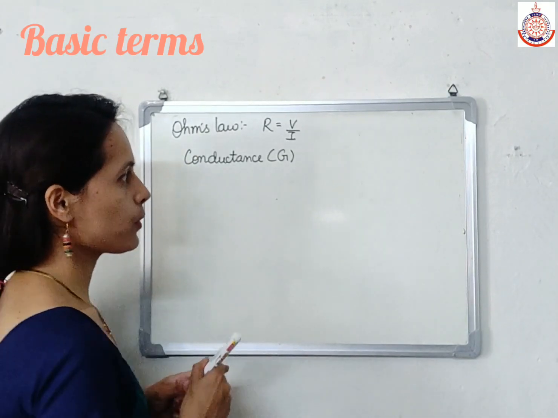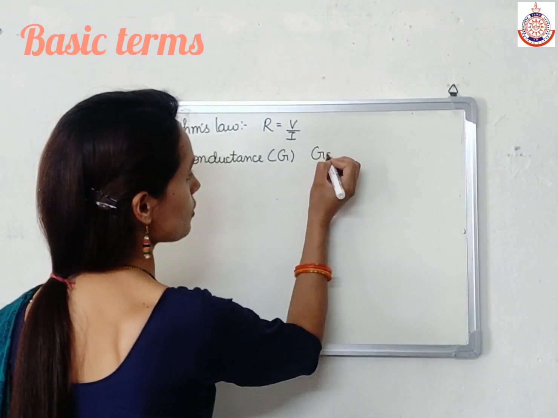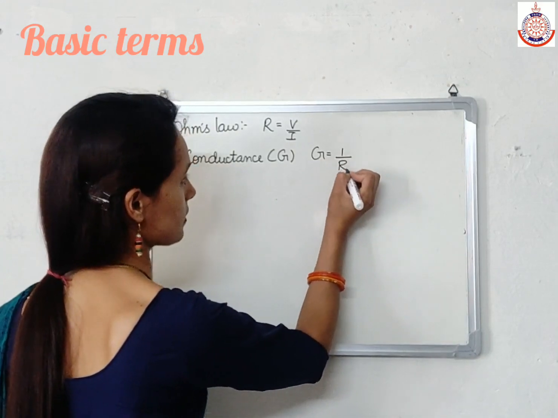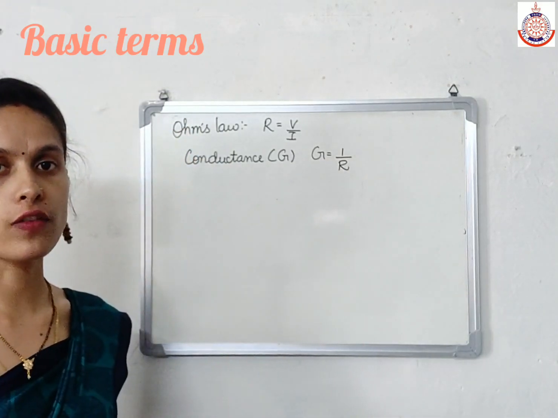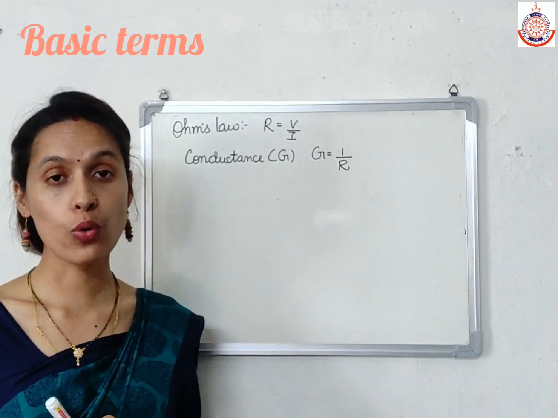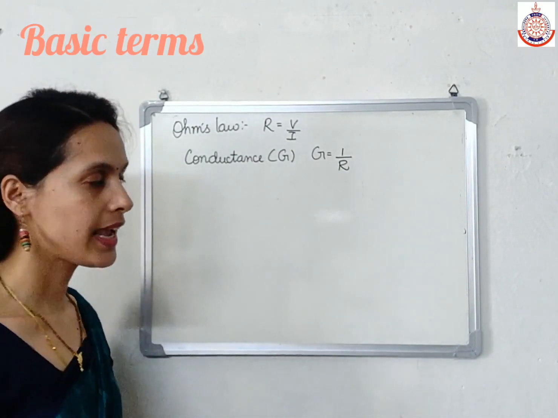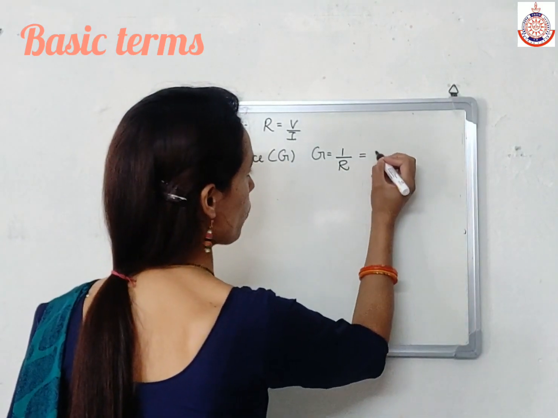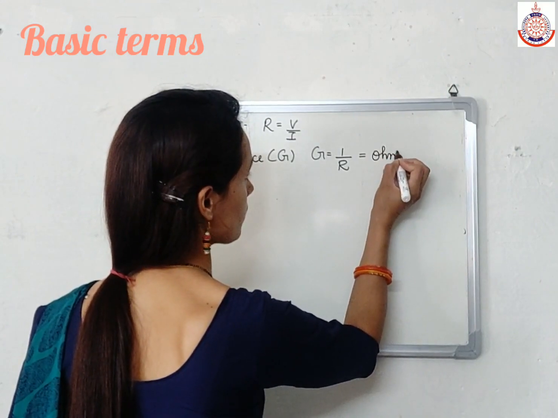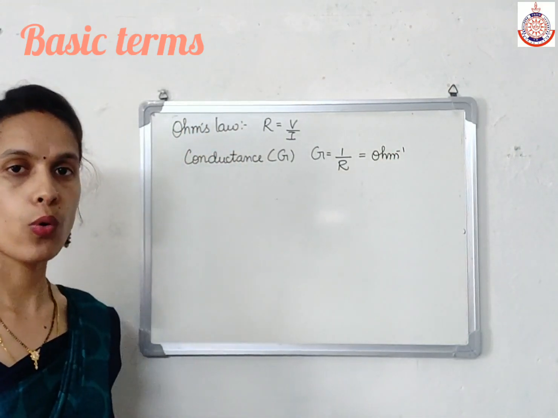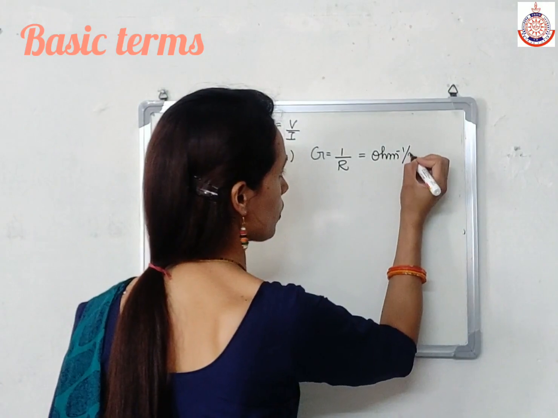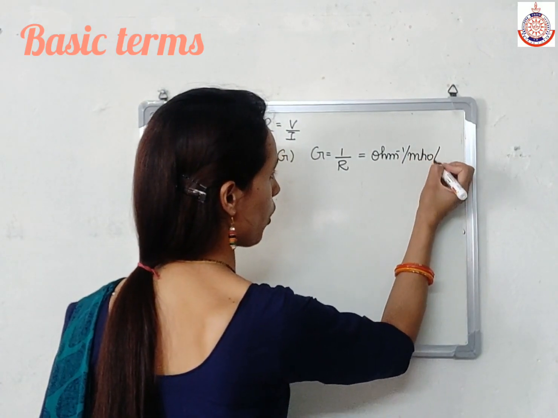So the reciprocal of the resistance is known as conductance, and its unit is ohm inverse, or mho, or siemens.